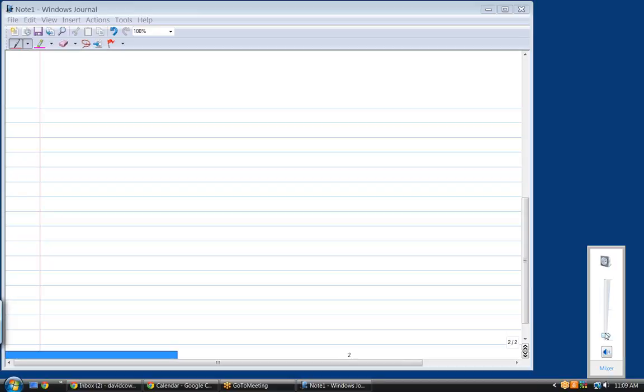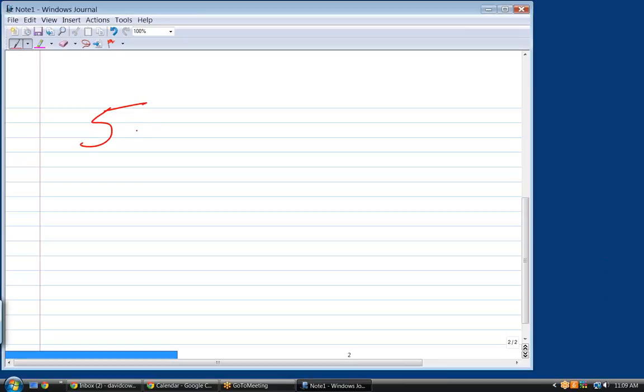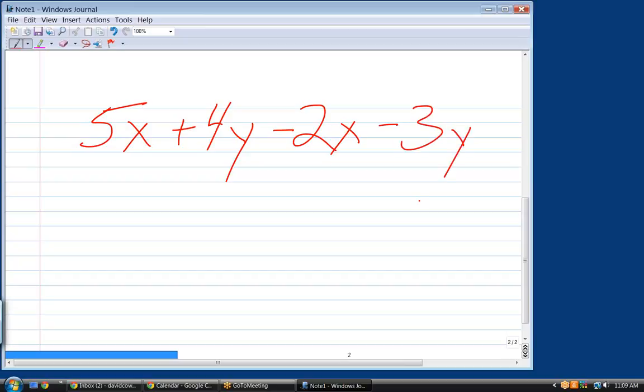So, today, let's do some more algebra. I want you to simplify this for me. What's this equal to?